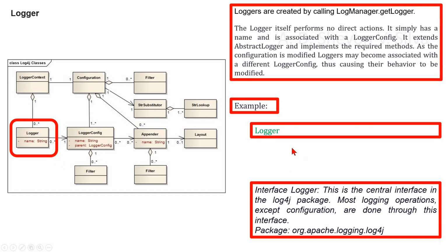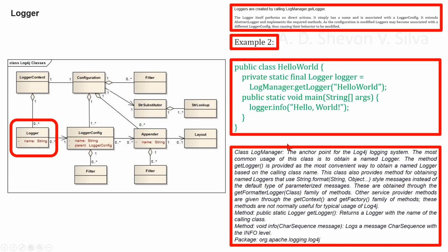As an example, we can consider interface Logger. This is the central interface in the Log4j package. Most logging operations, except configuration, are done through this interface. This is in package org.apache.logging.log4j. As an example, we can consider this code segment.